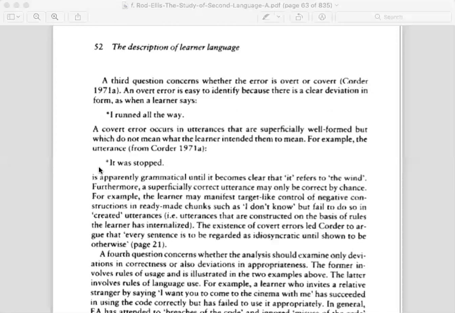Then there are issues of overt and covert errors, and then there are rules of usage and rules of use, deviations in both, deviation in one. So in order to answer these questions, Corder says that interpretation at this stage becomes important. And he says that it can be of three kinds.